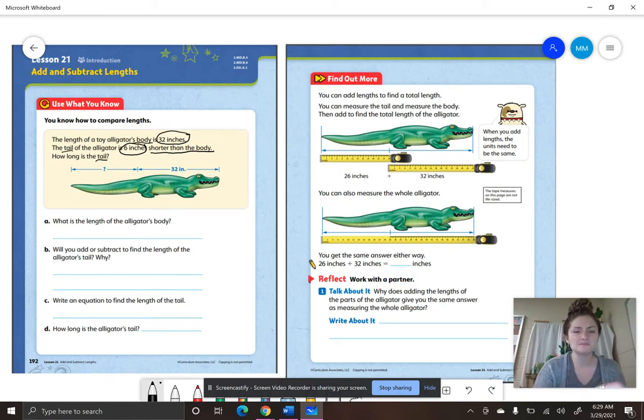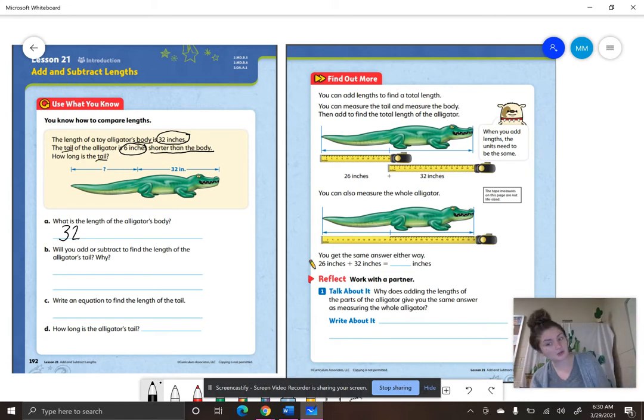So look at the lengths that it's given us. It's given us the length of the body. It says it's 32 inches. Look at letter A on 192. What is the length of the alligator's body? How many inches long is the body, Smarties? 32 inches. So let's go ahead and write that for letter A, 32, and make sure to label it.